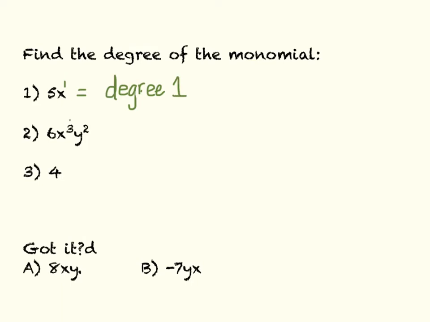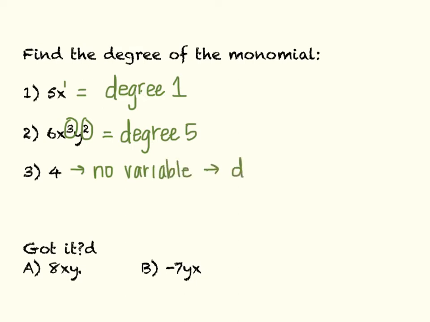Number 2, I've got 2 exponents here. 3 plus 2 is 5, so this is degree 5. Number 3, I don't have any exponents, no variables. I don't have anything to add, so this is going to be degree 0.